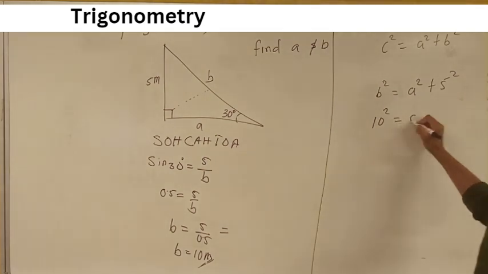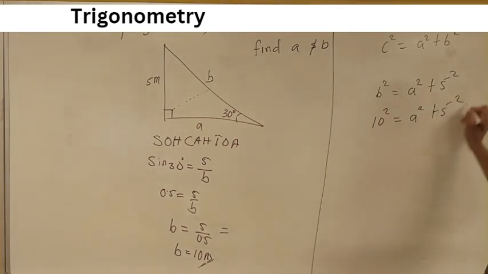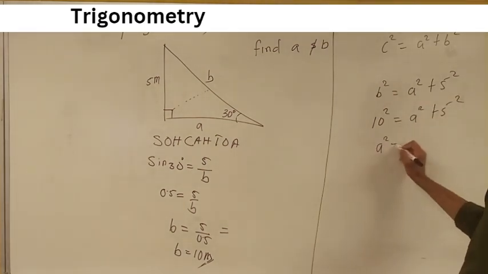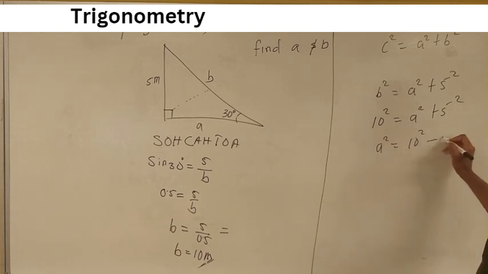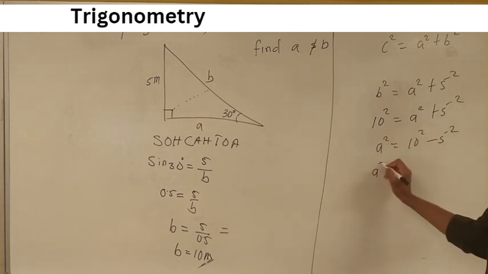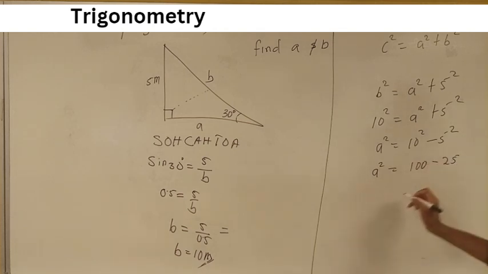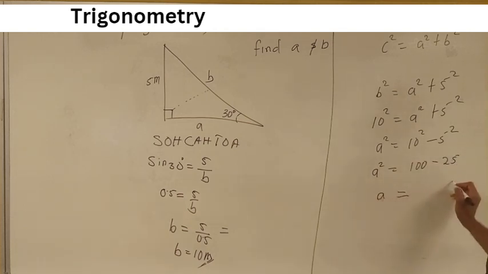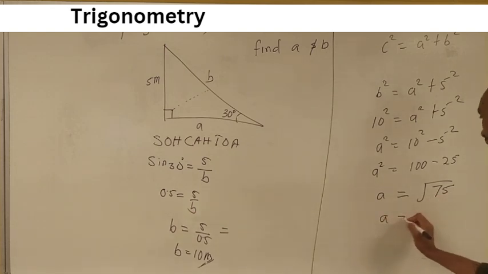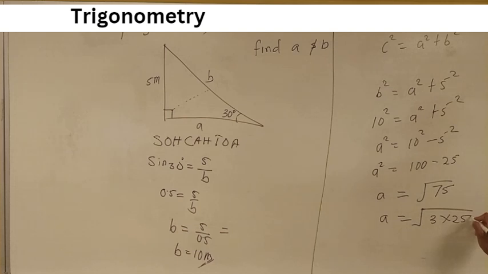10 squared is equal to a squared plus 5 squared, such that a squared is equal to 10 squared minus 5 squared. And I have that a squared must be 100 minus 25, such that a is equal to square root of 75. But then we can also break this down further by saying that a is the same thing as square root of 3 times 25.